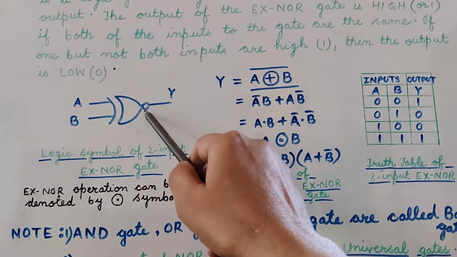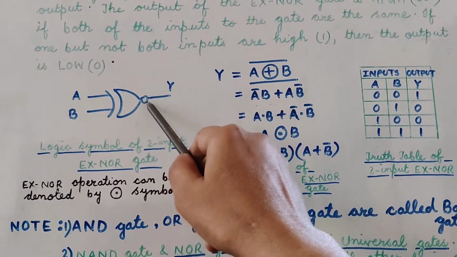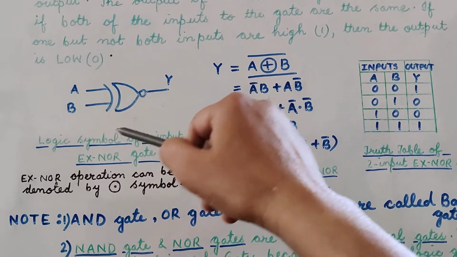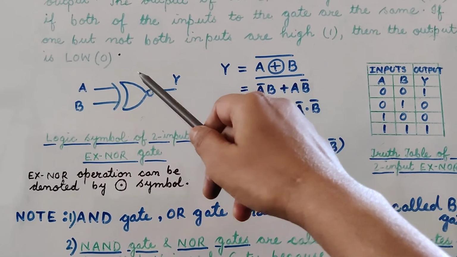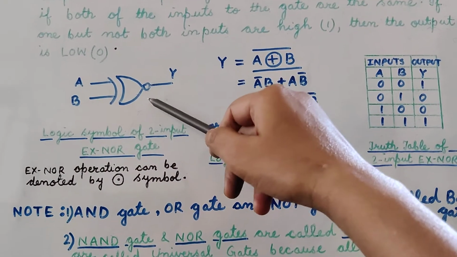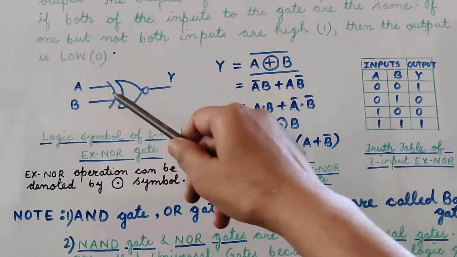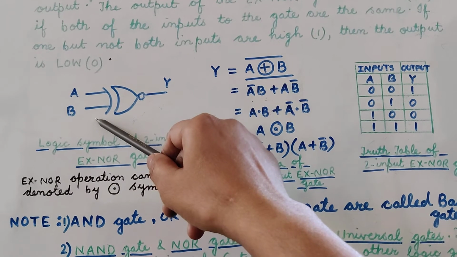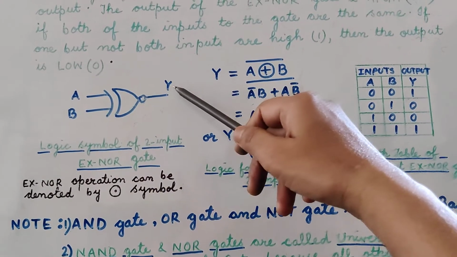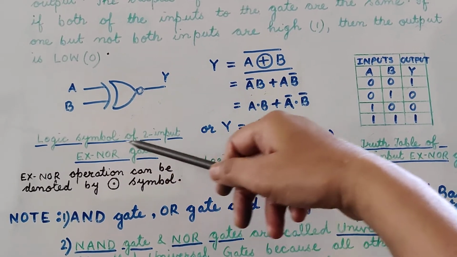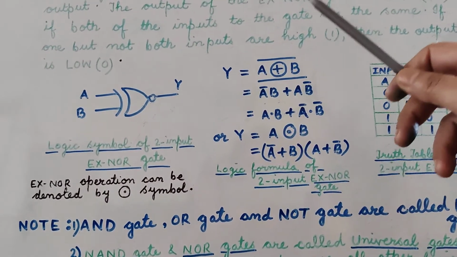So this bubble will perform the complement of the XOR gate, and so the gate which is obtained after taking the complement of the XOR gate becomes a XNOR gate. Since this is a 2-input XNOR gate, we have shown 2 inputs as A and B, and Y is taken as the output. In this way we can draw the logic symbol of 2-input XNOR gate.